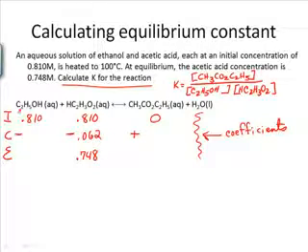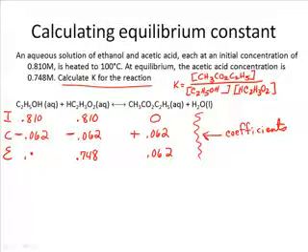Now, because it's 1 to 1 to 1, the magnitude of the change is going to be the same. They have the same coefficients. Then I just combine the initial and the change values to get my equilibrium values.